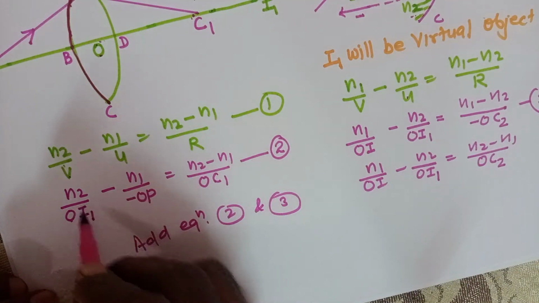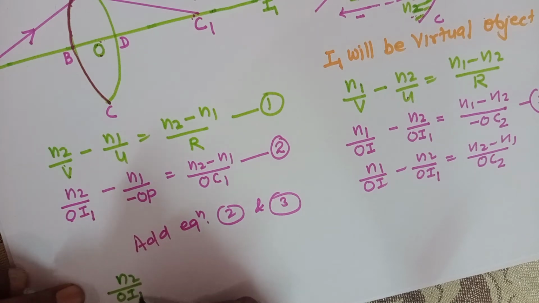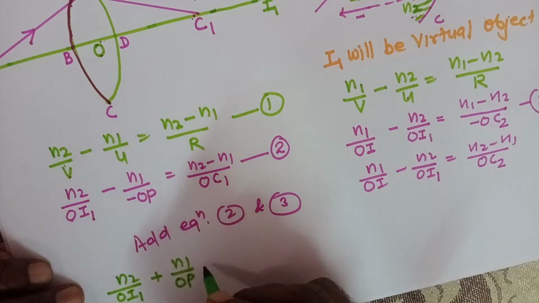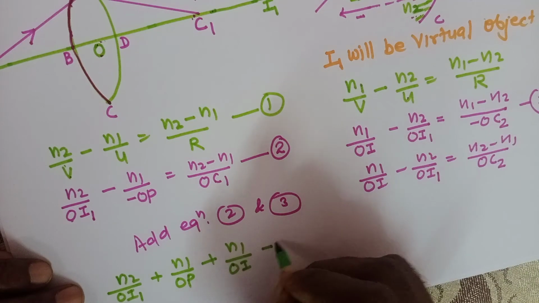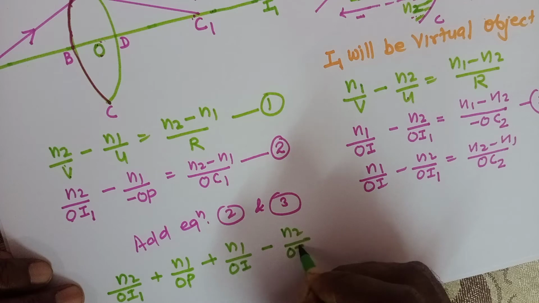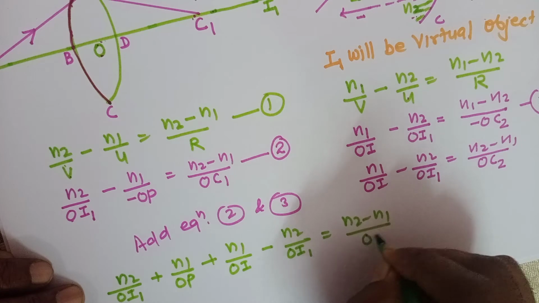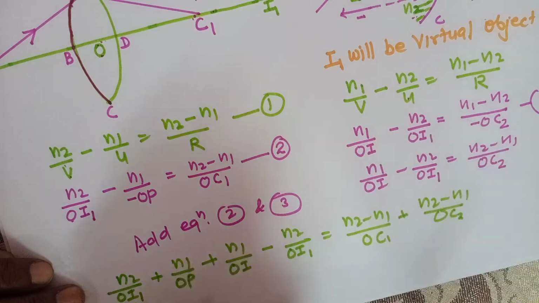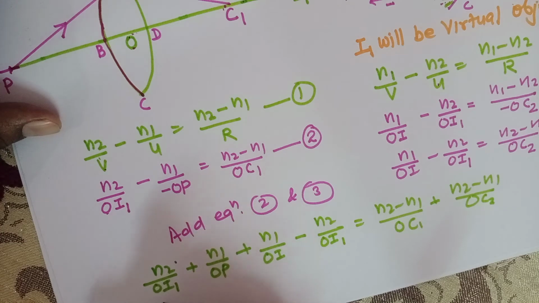So when we add, we write N2 by OI1 minus N1 by OP plus N1 by OI minus N2 by OI1 equals N2 minus N1 upon OC1 plus N2 minus N1 upon OC2. Then you will find that N2 by OI1 and N2 by OI1 both cancel.